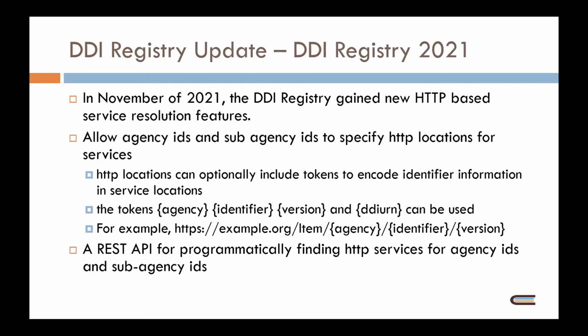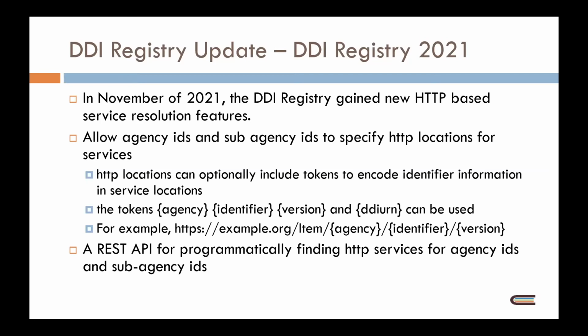So this year, another update was done to the DDI registry. And the big new feature that it included is HTTP-based service resolution. So HTTP-based service resolution is similar to the DNS service resolution.